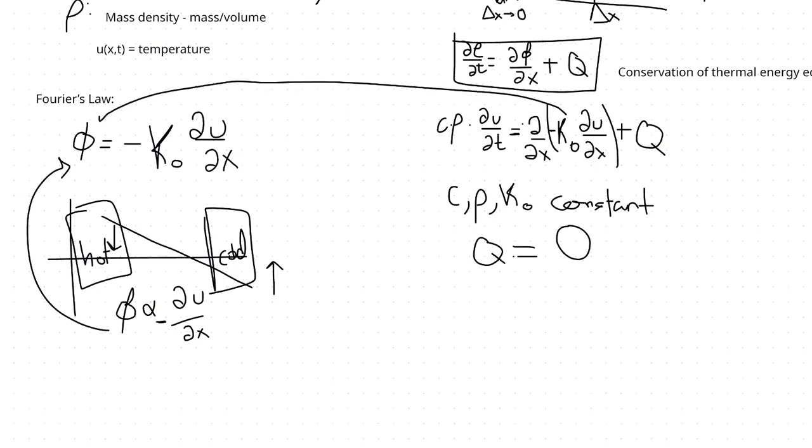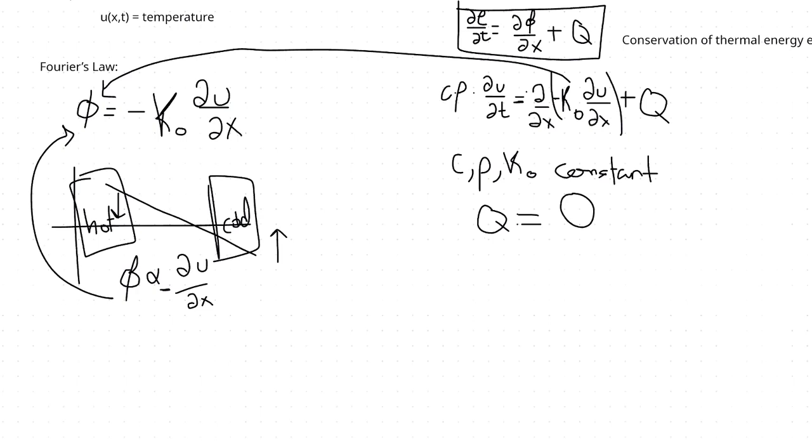And so anyways, back to this, if we make these assumptions, we can now rewrite this as C times rho times partial u over partial t is equal to minus k naught times partial squared u over partial x squared.